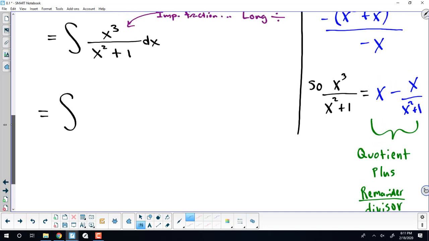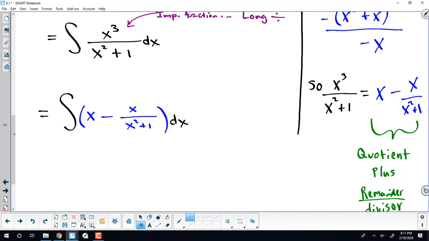So we have this now turning into the integral, or the antiderivative, of x minus x over x squared plus 1. I know it's a nitpicky thing, but if you've got multiple things in front of the dx, put those in parentheses before you write your dx, because that dx is actually applied to all of those terms.